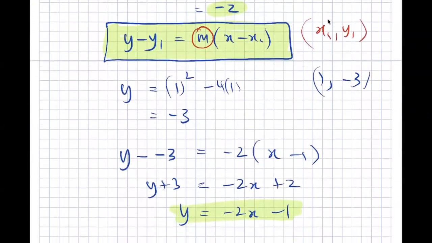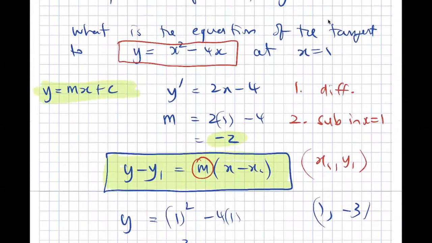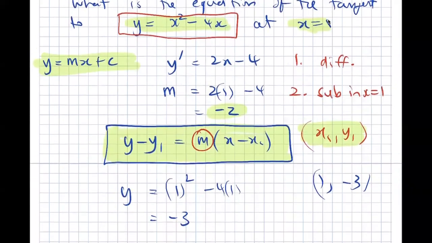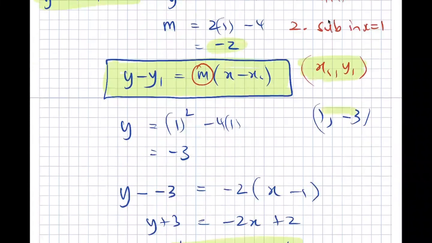So because we were given x equals 1, we substitute x equals 1 into the original equation. And that's what we do to get this point here, x1, y1. So when we put 1 into the equation, 1 squared minus 4 times 1 is negative 3. And that gives us that coordinate here, which is (1, negative 3).